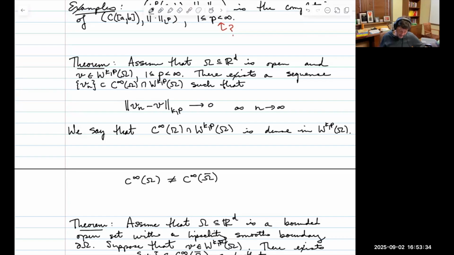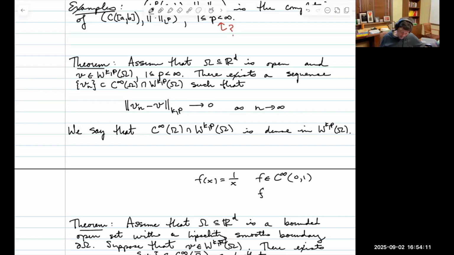An example related to that is the function f of x equals 1 over x, right? This is in C infinity of 0, 1. All of its derivatives exist and are continuous on the interval 0 to 1.